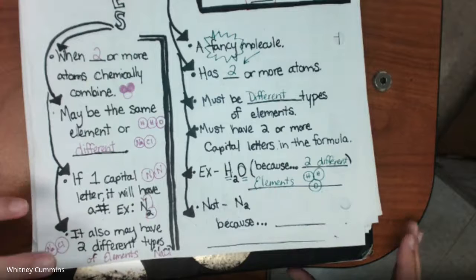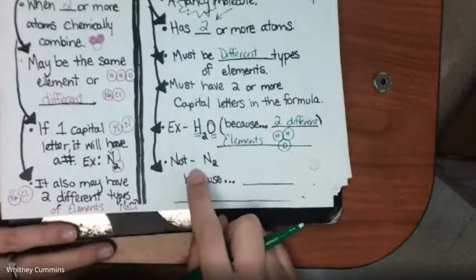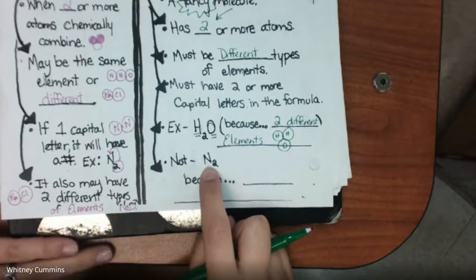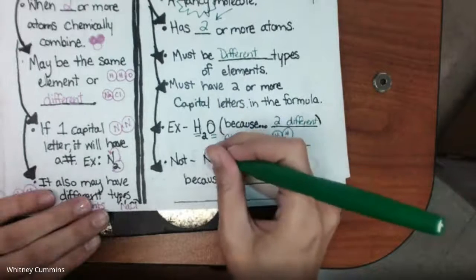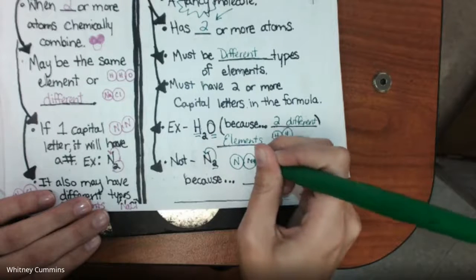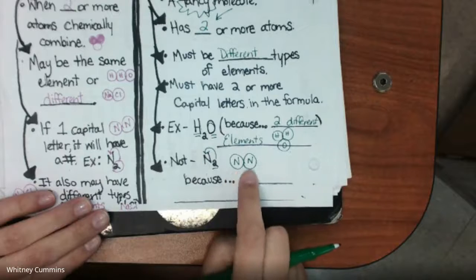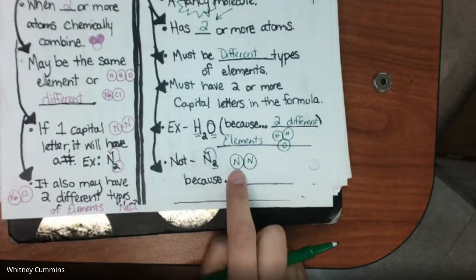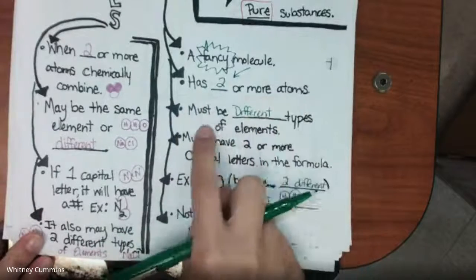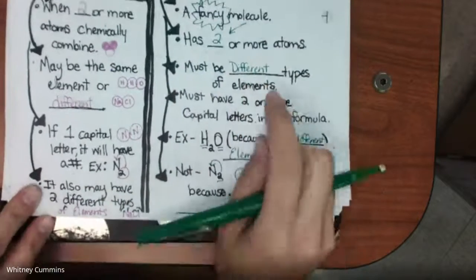Now, I'm going to give you a not example. N2 is not a compound. If I were to draw this, it tells me that I have two Ns, so it would look like this. And this is a molecule, because I've got two things stuck together, so it fits here. It has two or more, but are they different types?